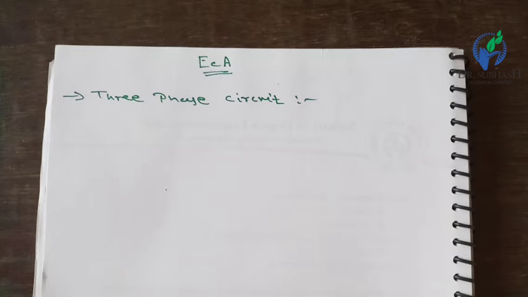In other words, the system which uses three wires for generation, transmission and distribution is known as a three-phase system.